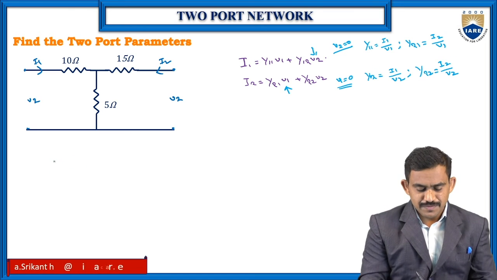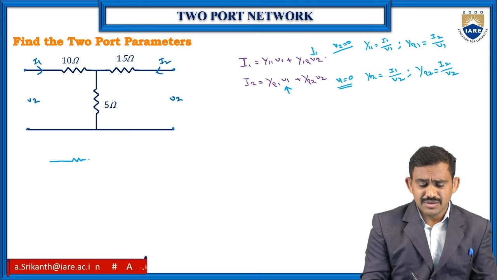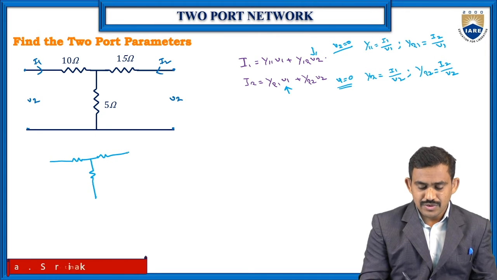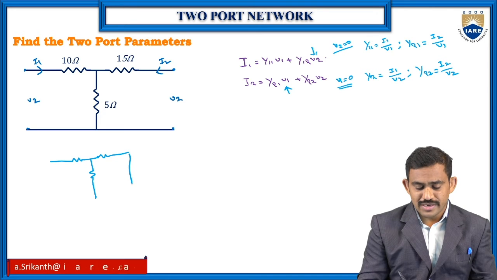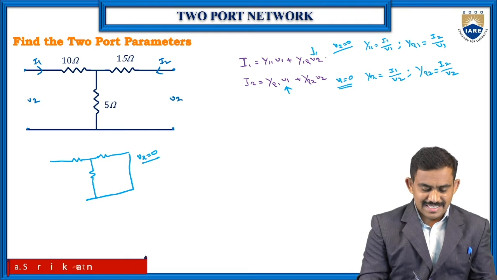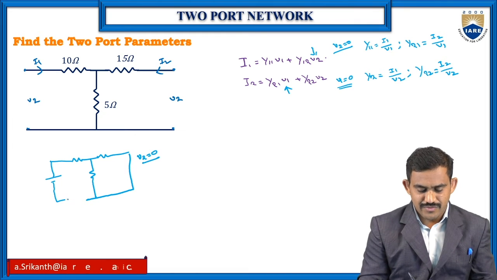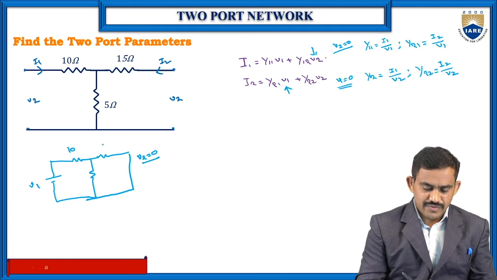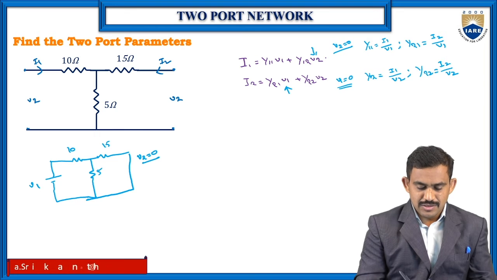So same circuit. For this circuit, the secondary side is short circuit. So here we don't have voltage V2. V2 is 0, it's short circuit. The remaining is as it is. Here is the supply V1, and the 10 ohms, 15 ohms, 5 ohms are as it is.